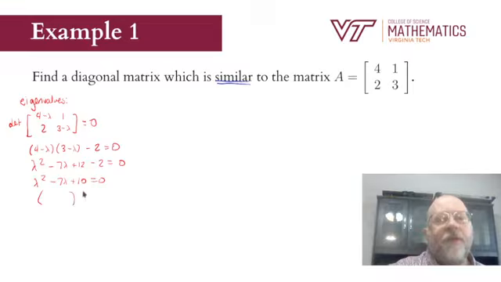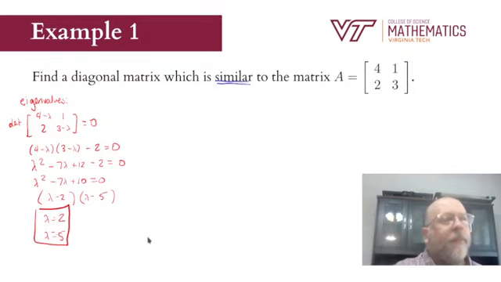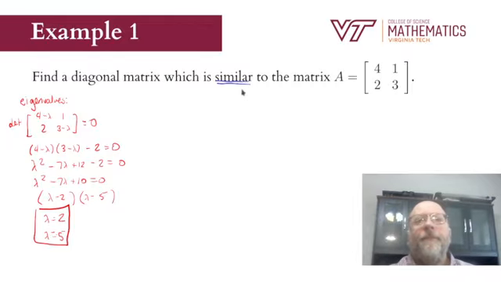And that factors into (lambda minus 2)(lambda minus 5). And so those are our eigenvalues, 2 and 5. All right. So now we need to find the eigenvectors.